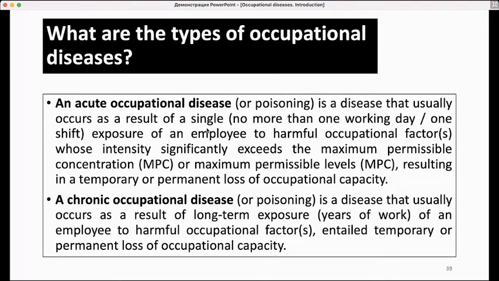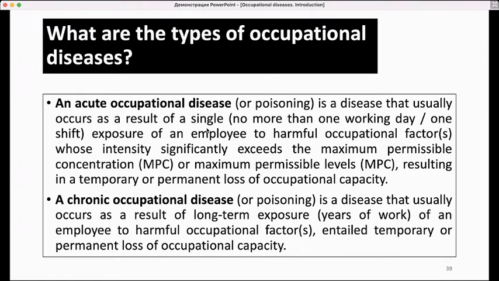An acute occupational disease or poisoning is a disease that usually occurs as a result of a single exposure, taking no more than one working day or one shift, of an employee to a harmful occupational factor or factors whose intensity significantly exceeds the maximal permissible concentration or maximum permissible levels.